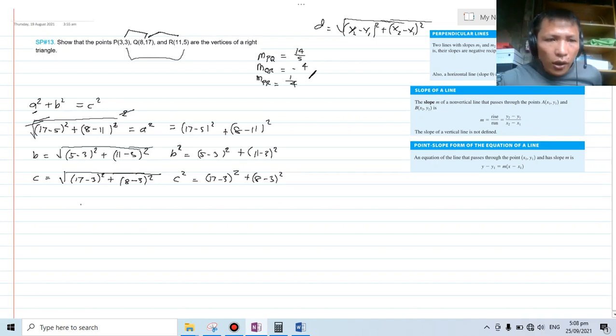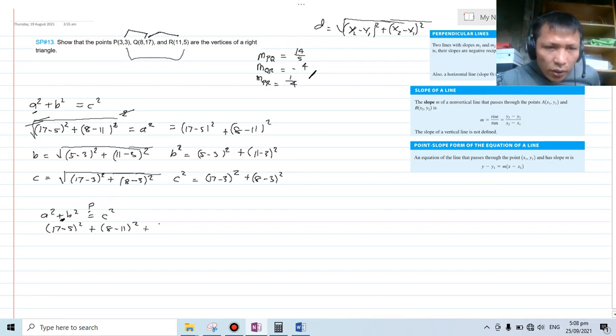Now I will prove this. A squared plus B squared should be equal to C squared. Let's see, because this is a proof, I can put a question mark: are they equal? So you have 17 minus 5, squared, plus 8 minus 11, squared, plus 5 minus 3, squared, plus 11 minus 3, squared.